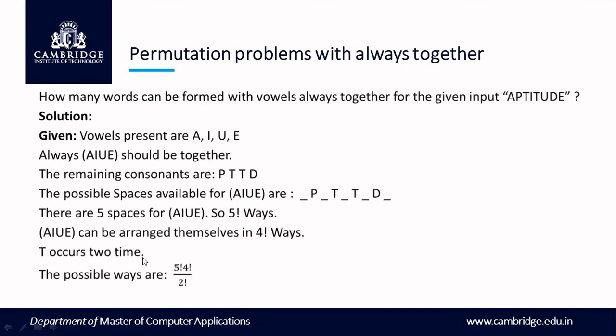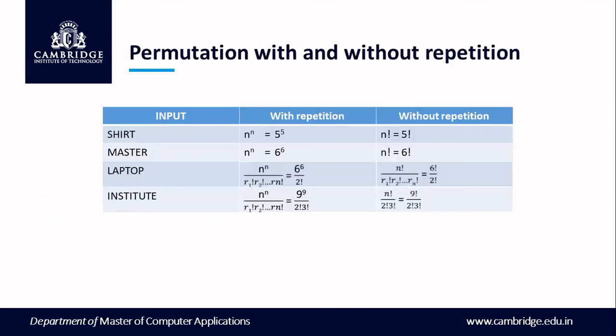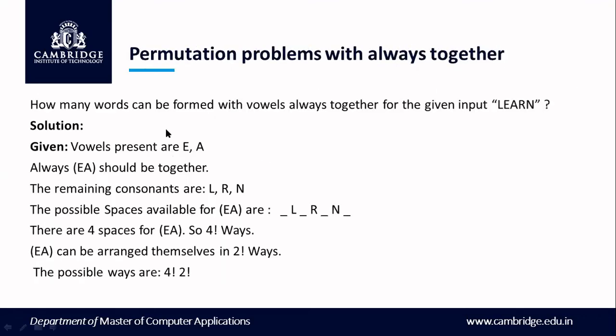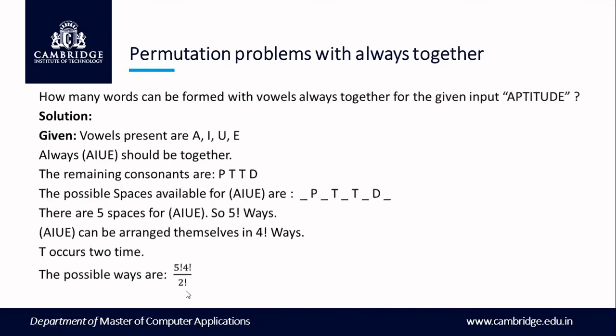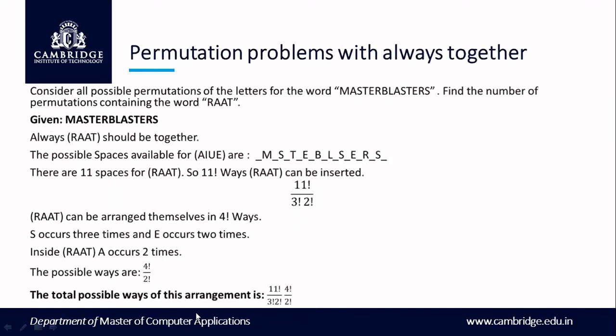So this is an example for an always together permutation problem. This is a permutation problem with the vowels always together, but here no alphabets are repeated. So how have we handled it? And the next example is all the vowels are always together, but in the given input there is one alphabet repeated, that is T and T. Then how to handle it?